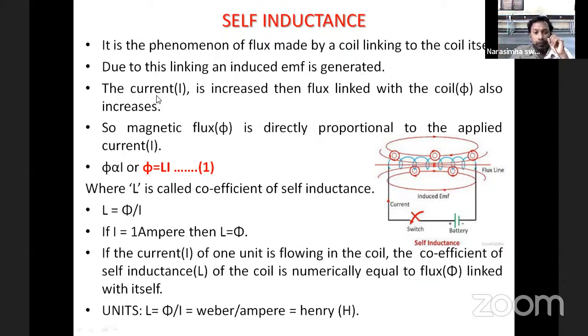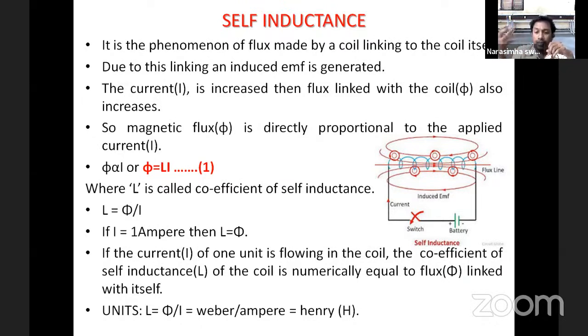So here is a concept to understand. If the current I is increased, then the flux linked with the coil also increases. If the current changes, the flux also changes. The magnetic field is nothing but lines of force, so the lines of force passing through that solenoid also change.